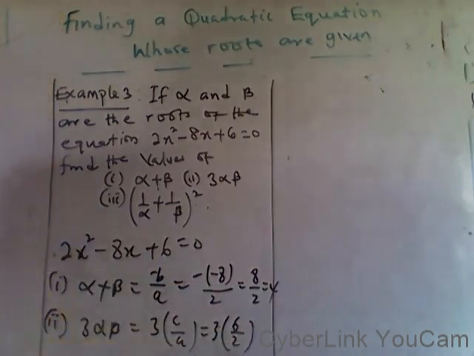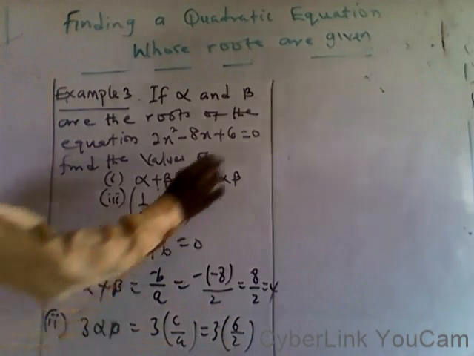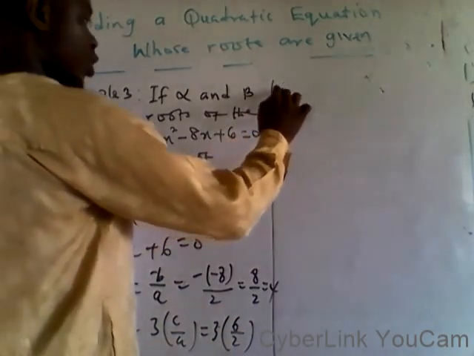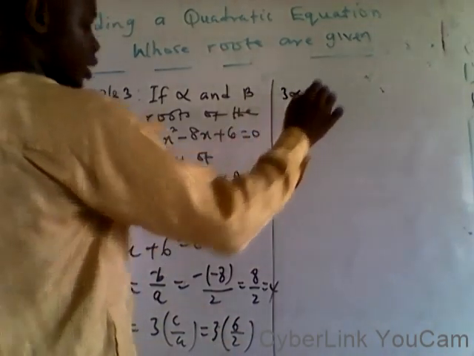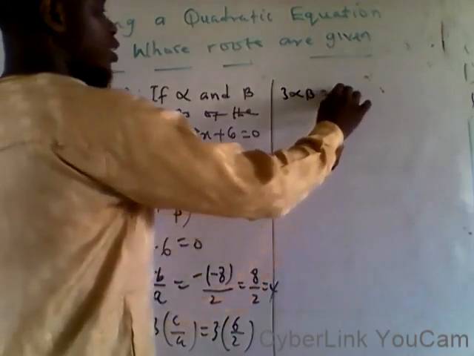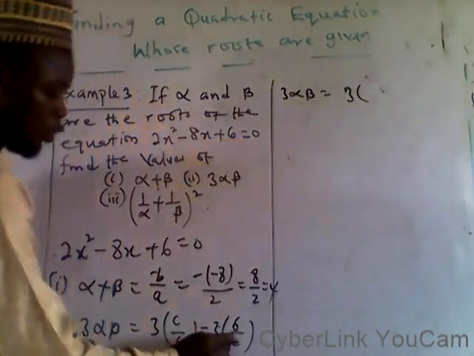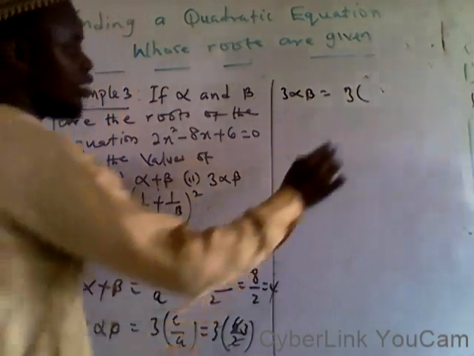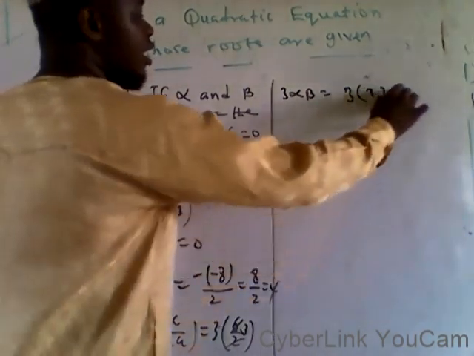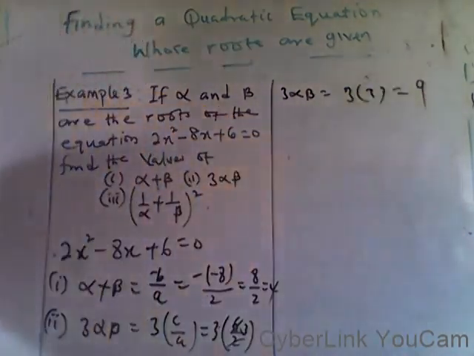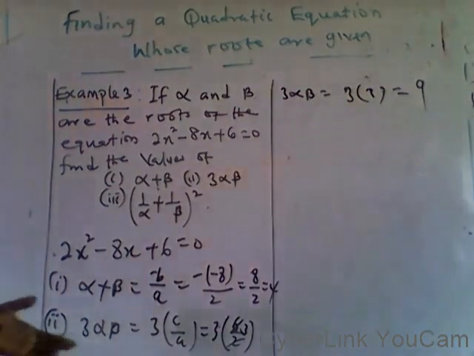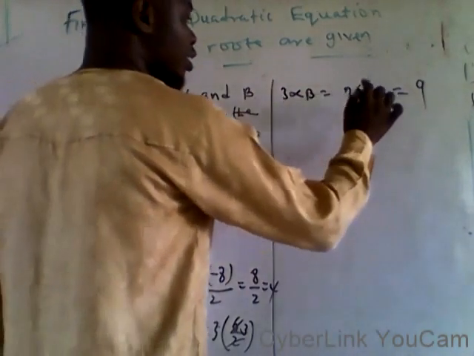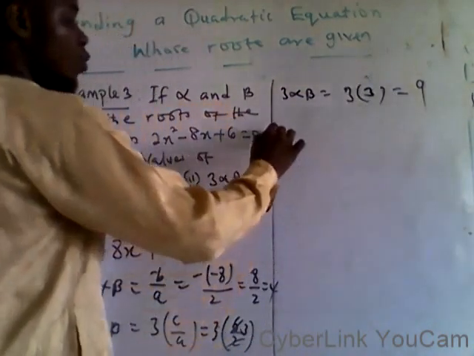So you are going to have 3 alpha beta to be 3 into bracket 6 over 2, which is 3 into bracket 3. And the answer is 9. So the second question, 3 alpha beta, becomes 9. Now let's go to the last one.